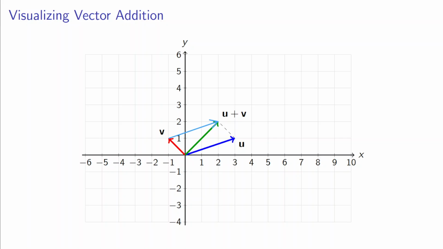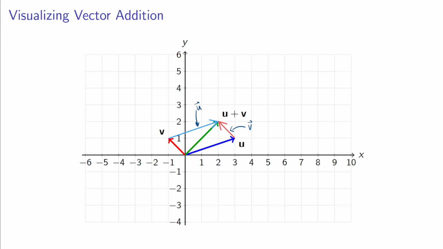We could consider this in the other direction as well, first traveling along the vector u, and then when we start at the end of u, we travel in the direction of and length of v. So we've got these vectors u and v, and we can build this parallelogram. This is the vector v over here. This is the vector u up here.